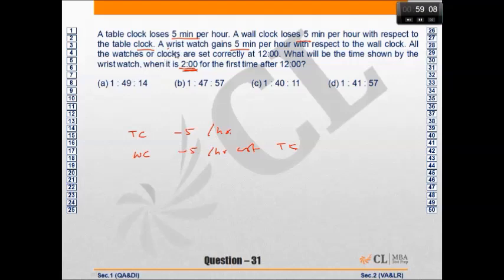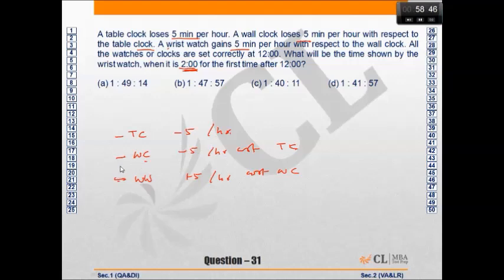Okay, so a wristwatch gains 5 minutes per hour with respect to the wall clock. So this will reduce further, and this will get it back close to this level.